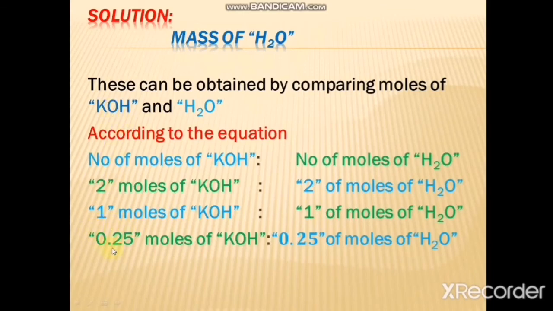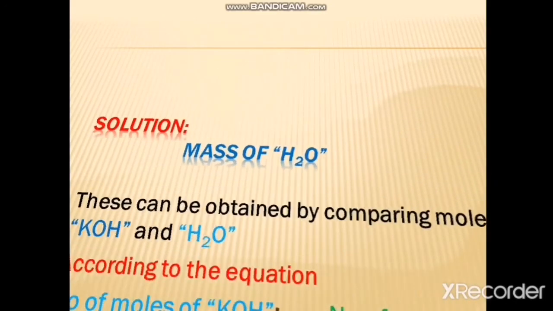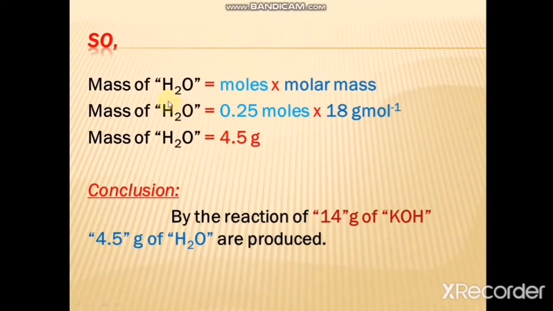Actually you are using 14 grams or 0.25 moles of potassium hydroxide. So according to the molar ratio, from 0.25 moles of potassium hydroxide, 0.25 moles of water are produced, because the molar ratio is 1:1. So these are the number of moles of water produced, and you are asked to find the mass of water. So again use the equation.